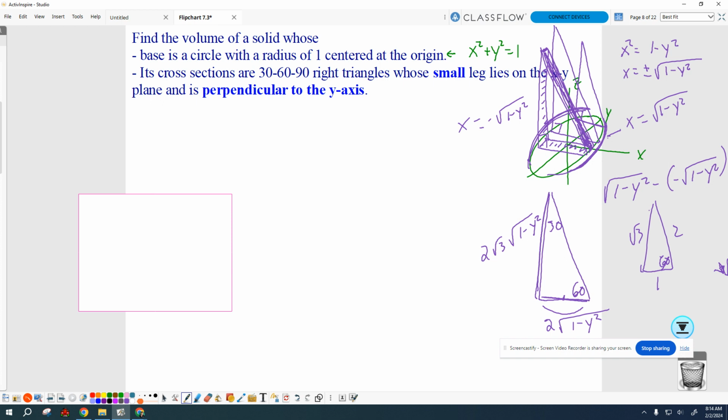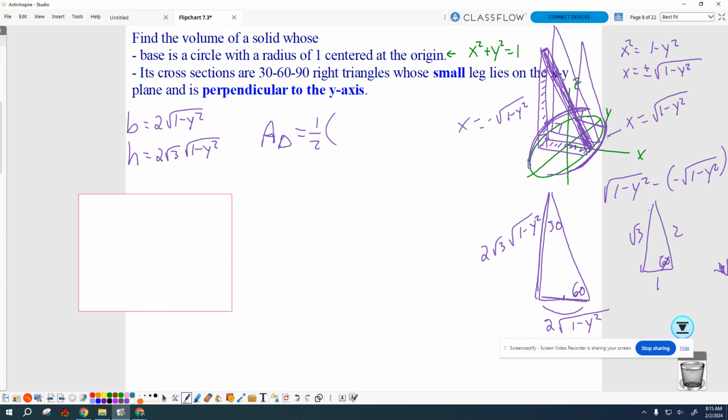So Alex, what is the area formula for my triangle that looks like that? One half of parentheses, root 1 minus y squared, times root 3 times root 1 minus y squared. Okay. The base was 2 times that square root thing, and Grady said the height is this thing.